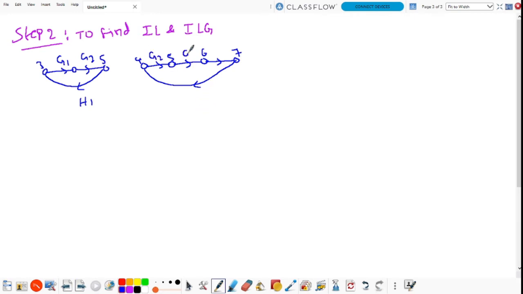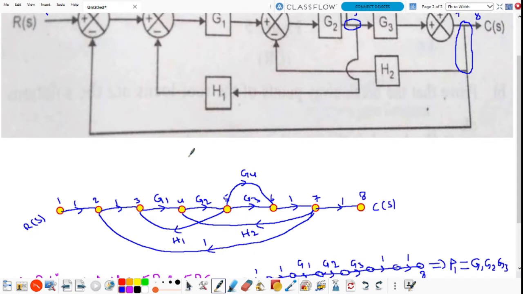So G2, G3, 1 and H2 is the second individual loop. Here the feedback element has a negative sign, so this is minus H1 and minus H2.